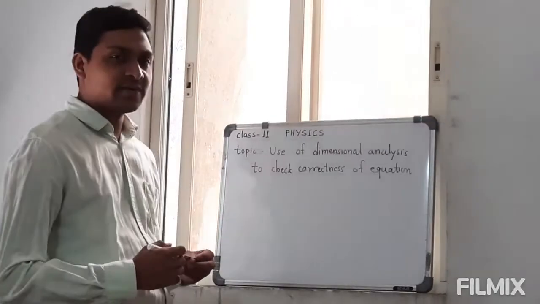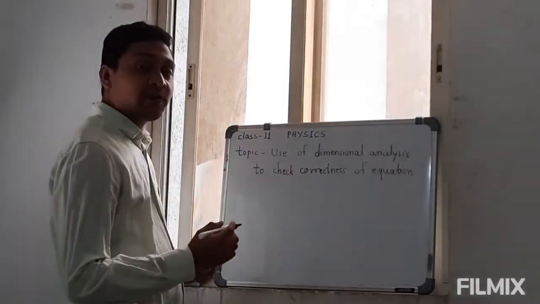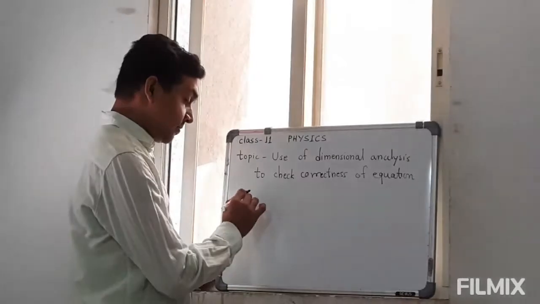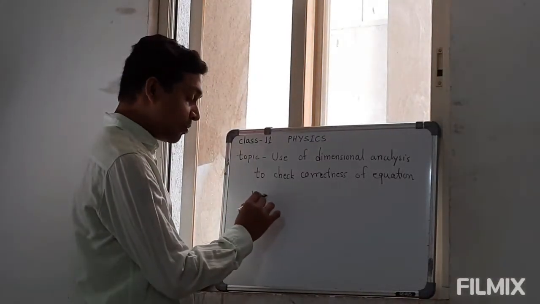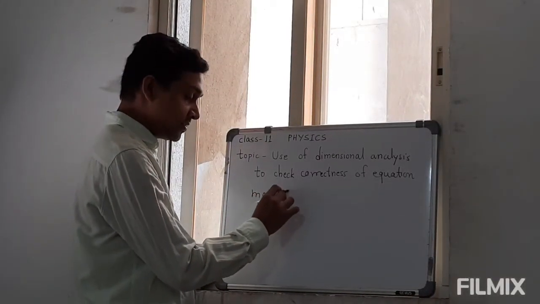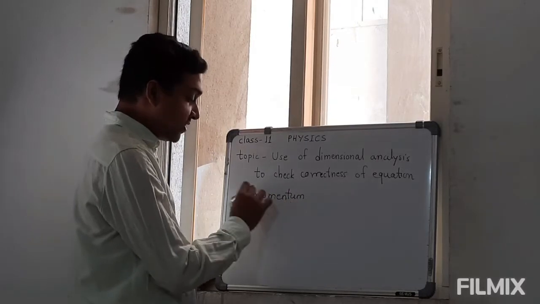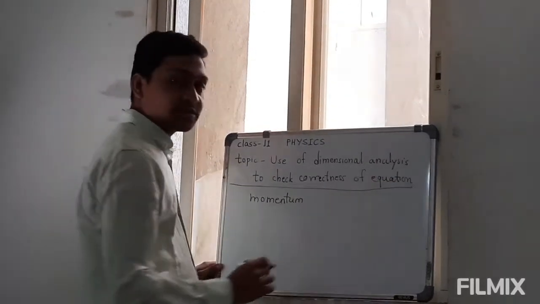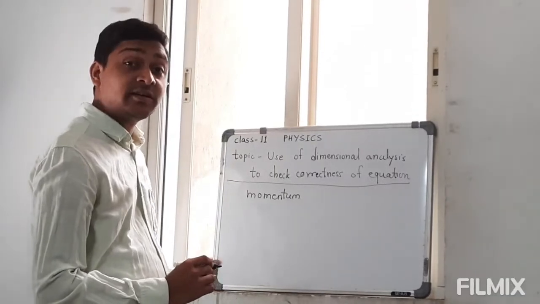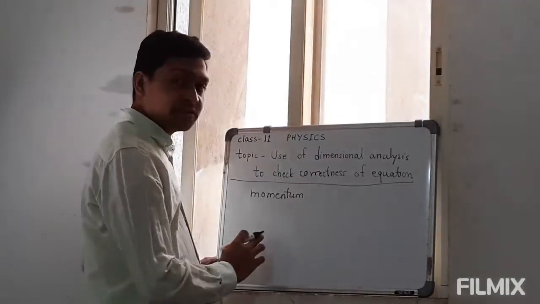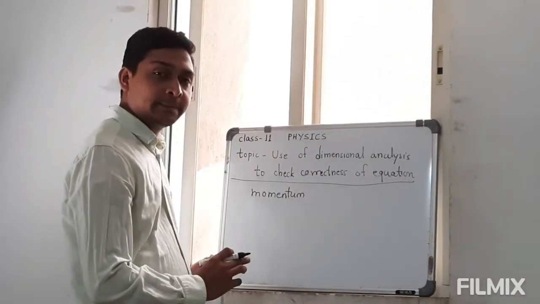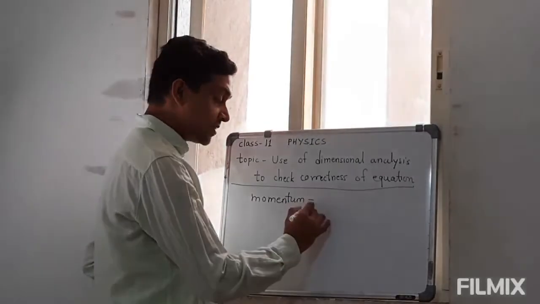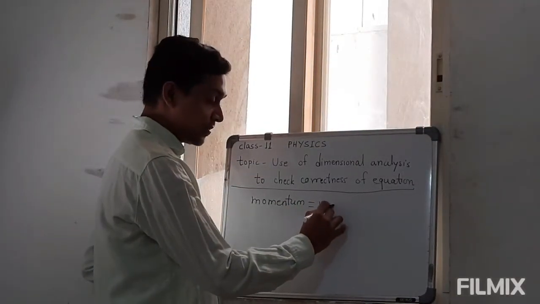So just revise. If I want to find dimensions for the momentum, first thing you should remember is the formula for it. What is the formula for momentum? Yes, it is mass into velocity.